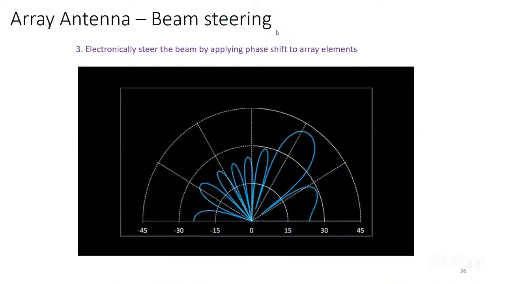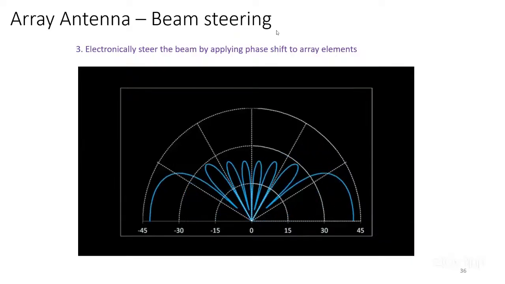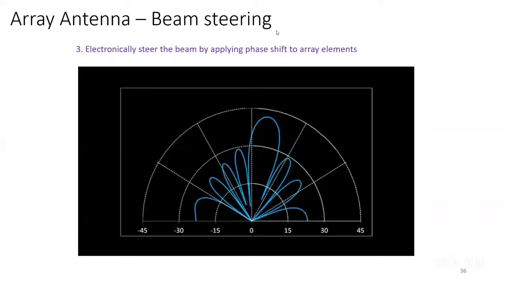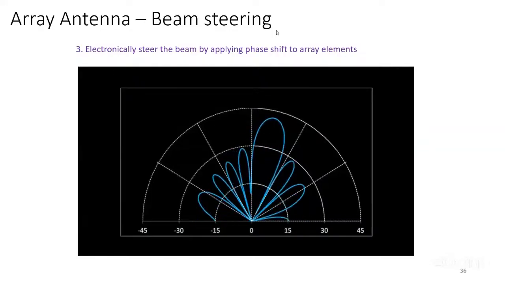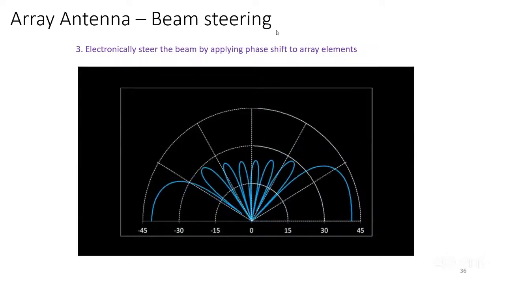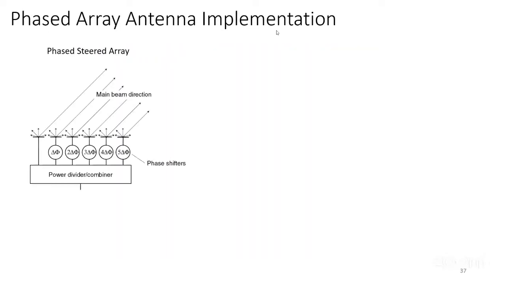This is how we can rotate the beam. In the earlier picture, the central peak is at a single mid direction. Here we are able to steer the beam by shifting the phase numbers at the elements, so we can steer the beam to any direction.